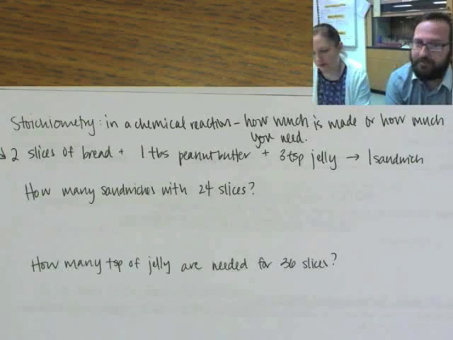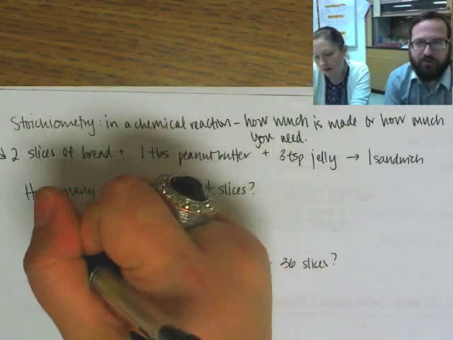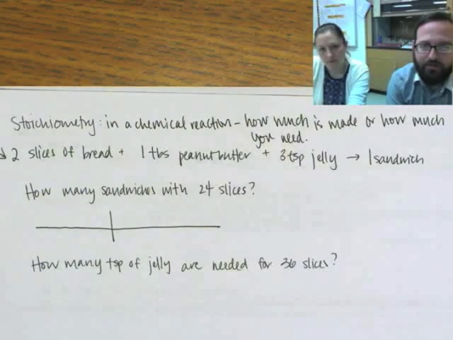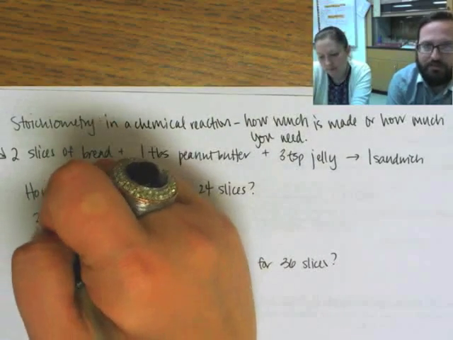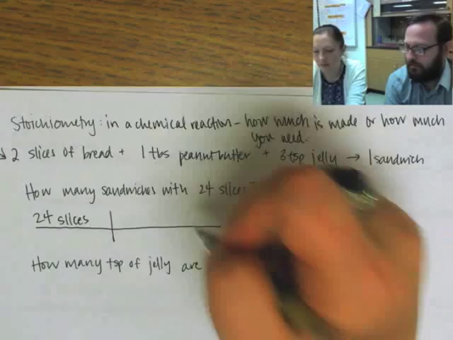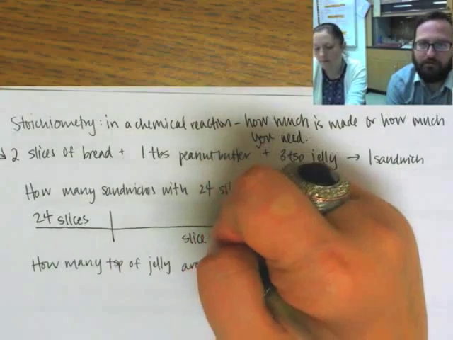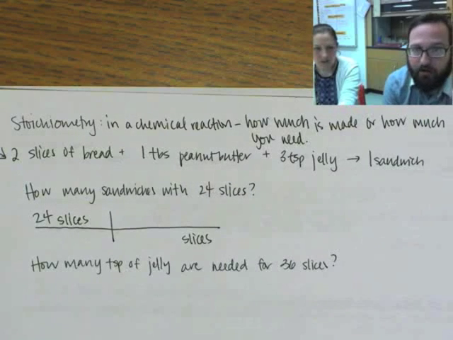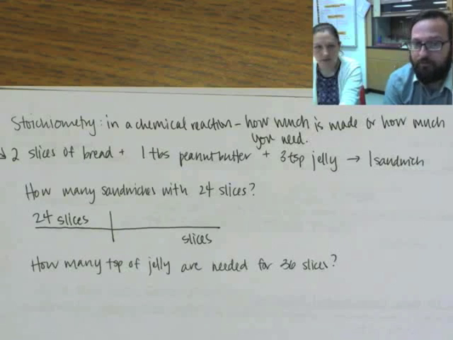Okay, so we're going to start with our given. We're going to set up our railroad tracks like we've been doing, and our given is going to be 24 slices. I know slices has to go on the bottom. So where do I get a number? Our recipe up here is a ratio of how much of everything we need.